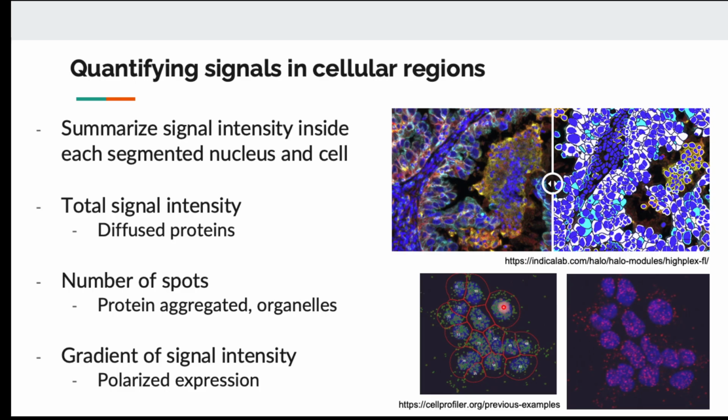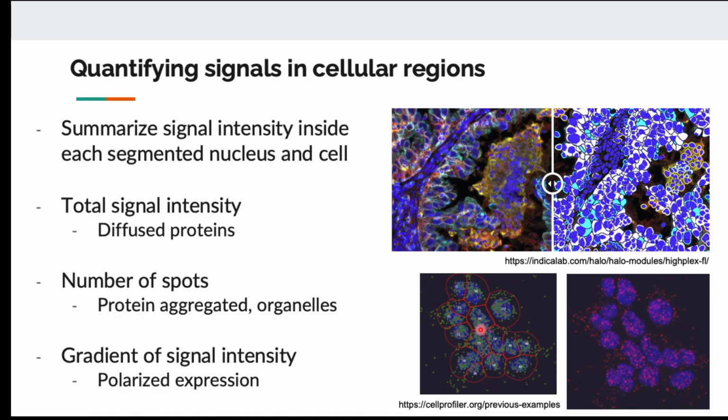But some proteins aggregate together. If you compare the patterns from the top example to the bottom example, in the top example, these are proteins that are diffused across the cytoplasm or across some organelle. So you see a smooth shade of colors throughout.